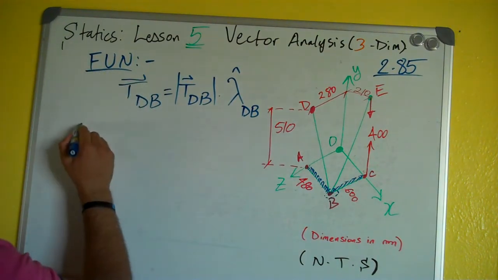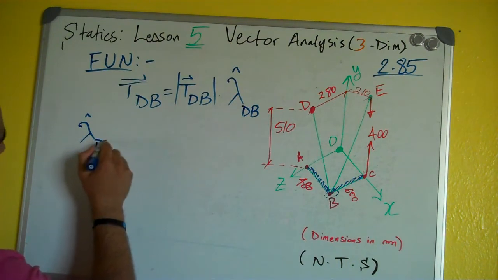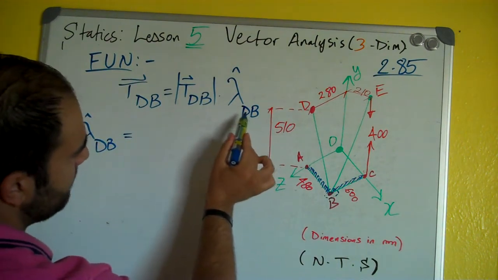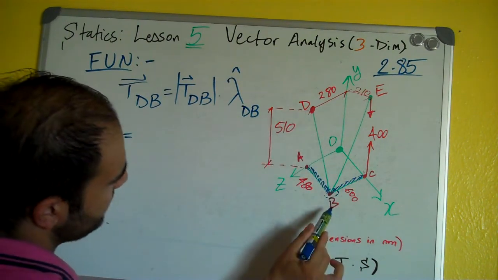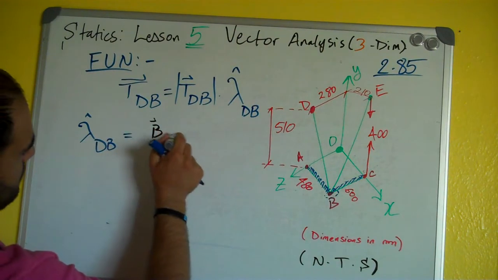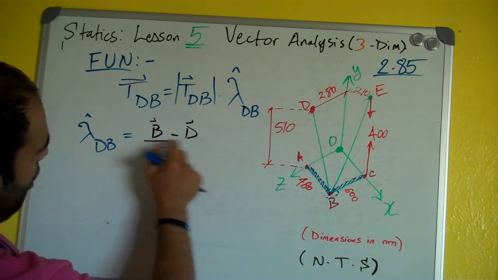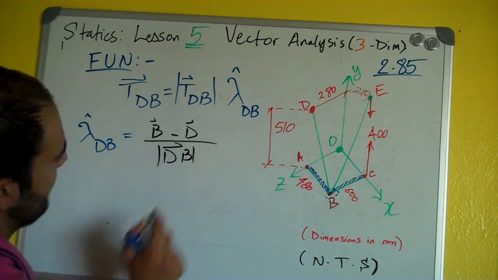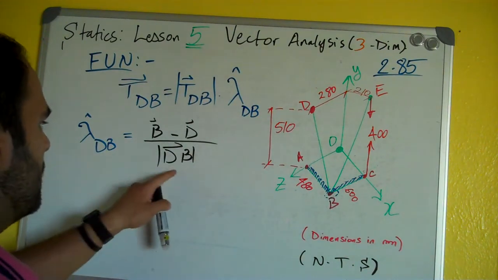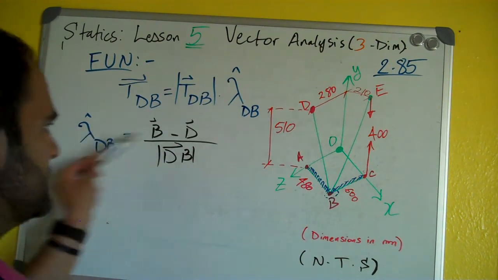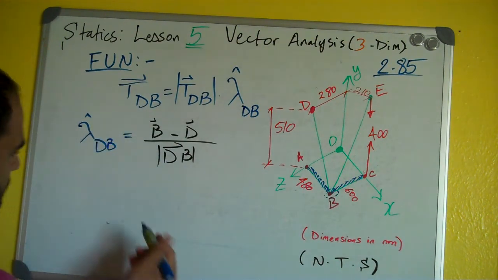To do so, lambda DB equals B minus D, final minus initial, over the magnitude of that vector. This is pretty easy to find if you find the numerator.